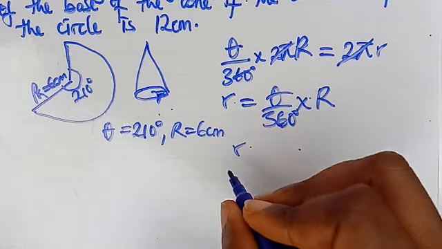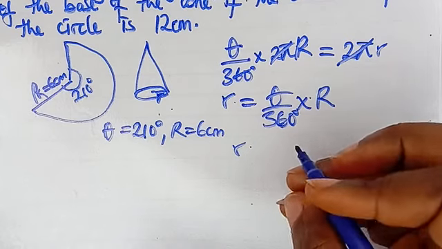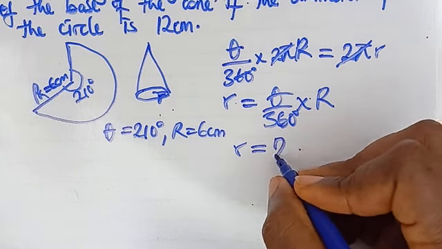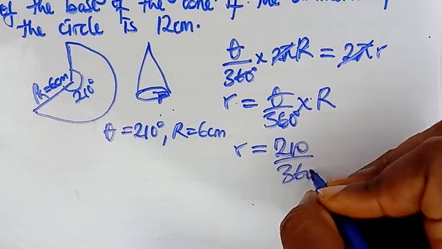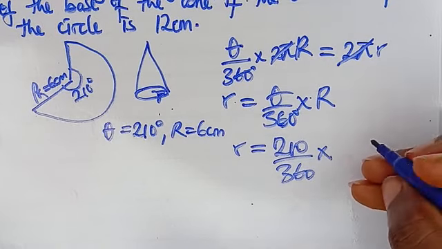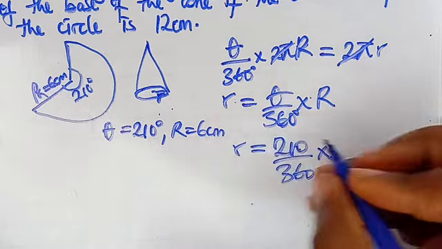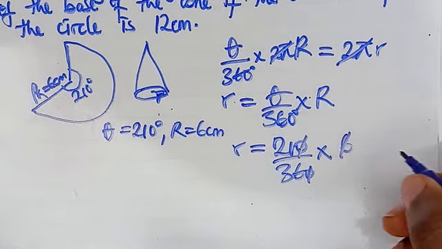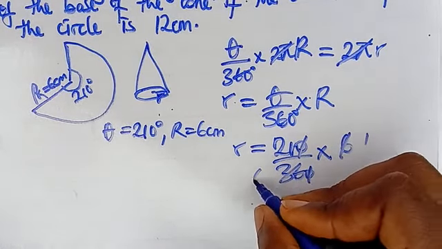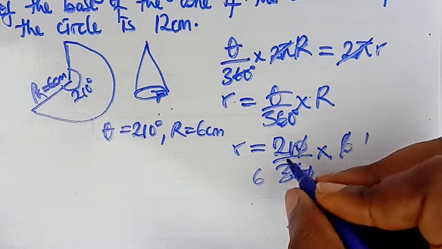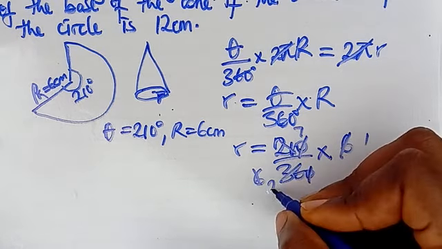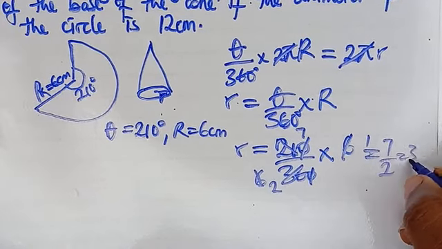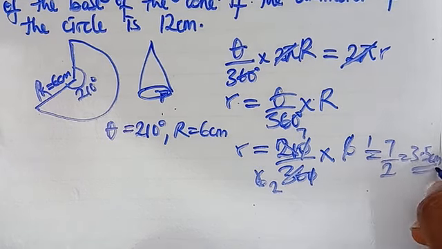We have that the radius of the base of the cone is equal to 210 over 360 times 6. 6 into itself is 1, 6 into this is 6, and then 3 into this is 7, 3 into this is 2, so 7 over 2. And 7 over 2 is equal to 3.5 cm.